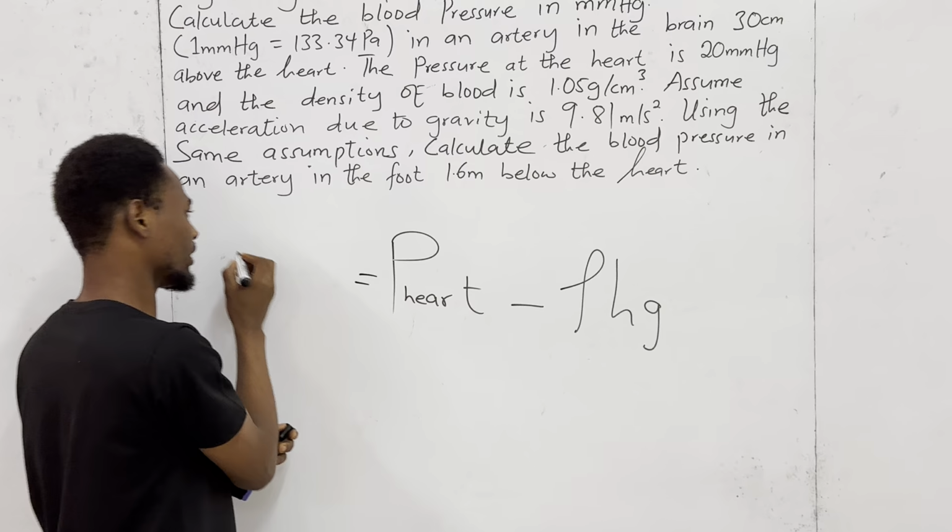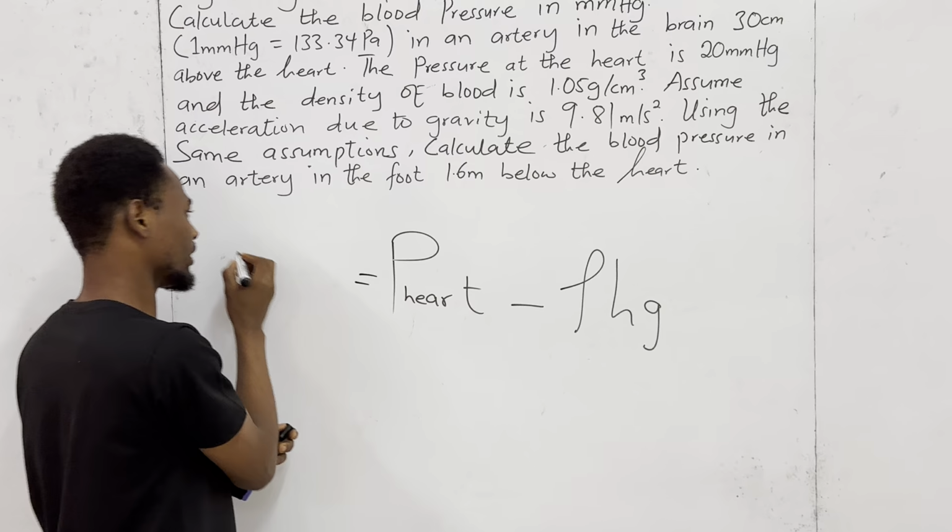So, if I know the pressure of the heart, P heart, where P is your pressure, then I subtract the pressure due to a particular depth or height.